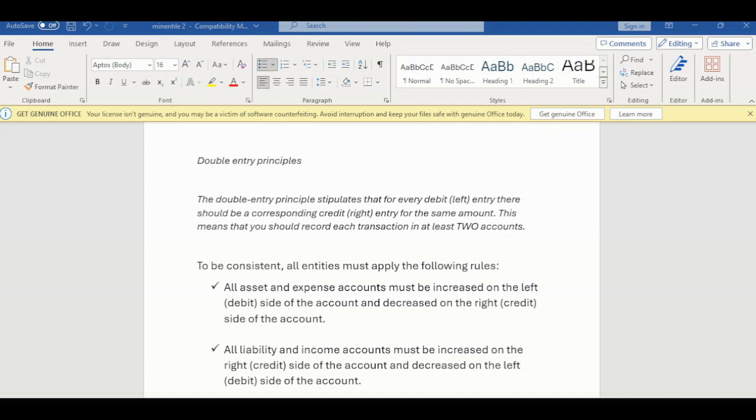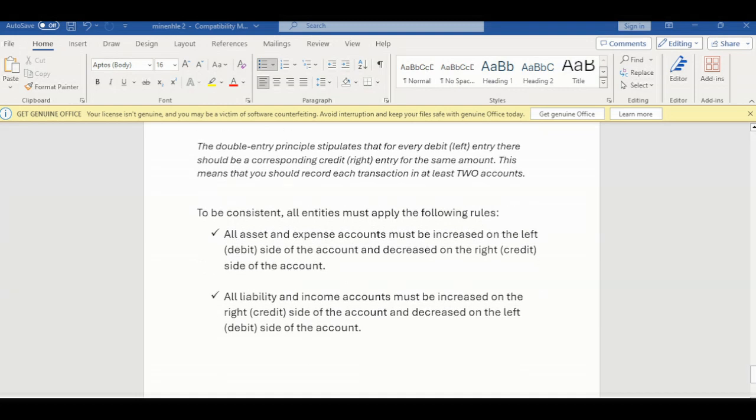So again, for each transaction which you got from the business or to the business, you must identify two types of account that must be affected, and the first account must take a debit entry, and the second one must take a credit entry.